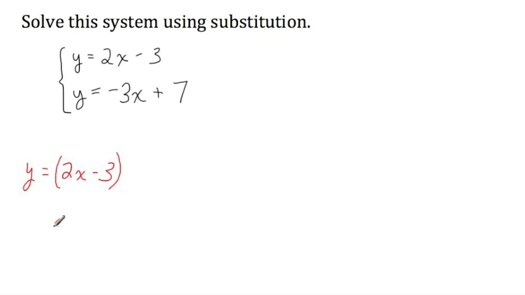Now that I've used that first equation to express y, I'm now going to use the second equation, y equals negative 3x plus 7. And I'm going to use this equation to solve for x after I substitute in for y.